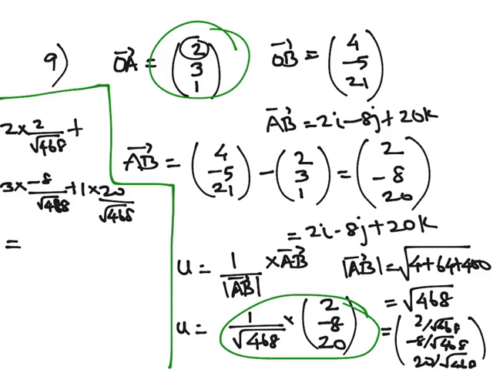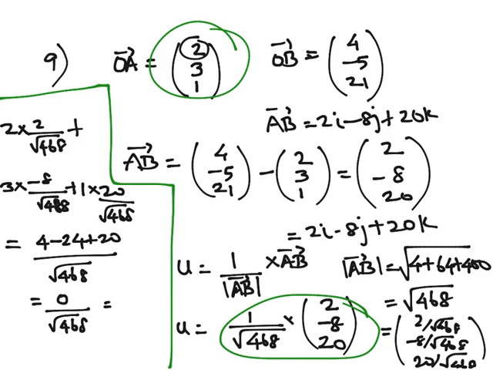So root of 468 is common in the denominator. You'll get 4 minus 24 plus 20, so you'll get 0 by root of 468, which is nothing but 0. Therefore, U is perpendicular to OA. U vector is perpendicular to OA, that is shown.